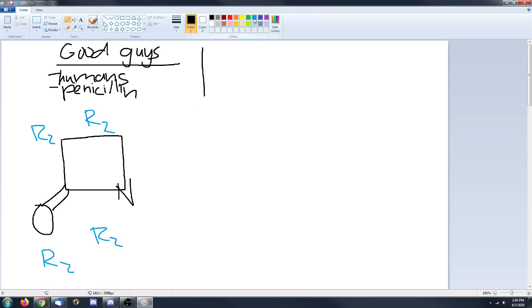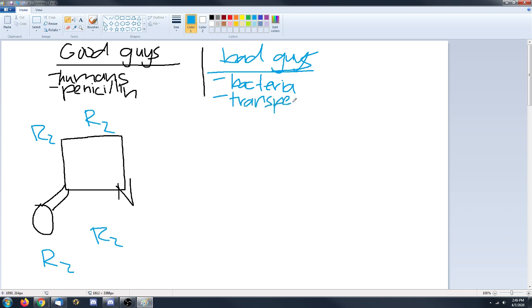And the bad guys, we have bacteria, and we have the transpeptidase, which we've labeled as R2. So good guys, bad guys.